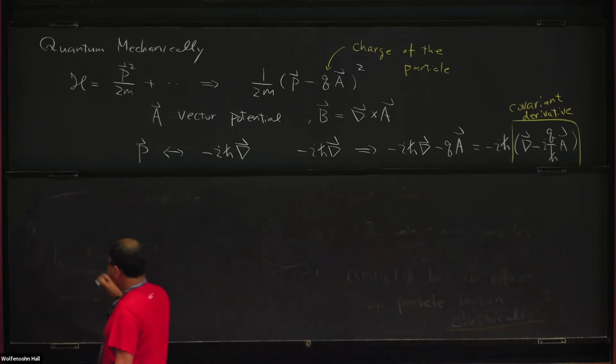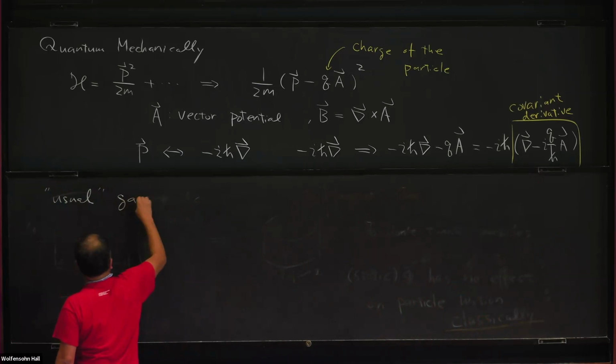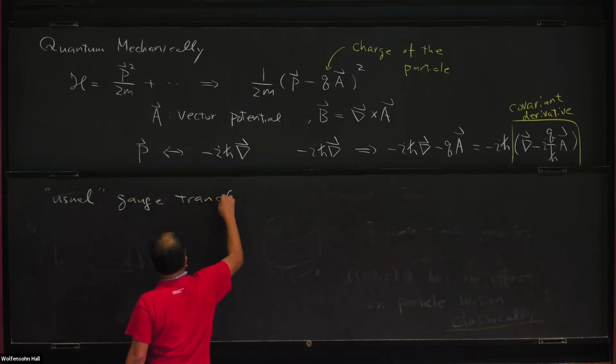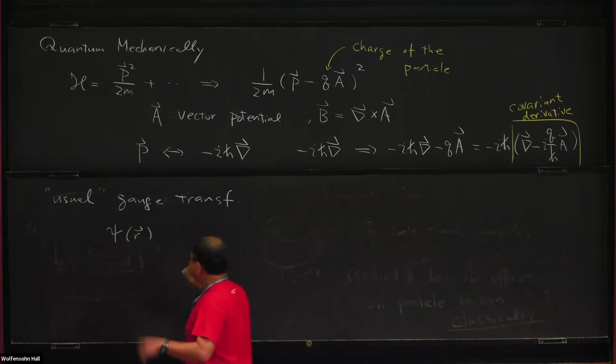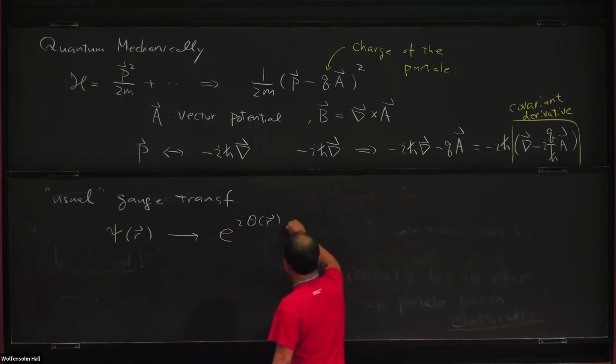So very roughly speaking, usually the gauge transformation is like this: if you have a single particle wave function, you add some position dependent phase factor.